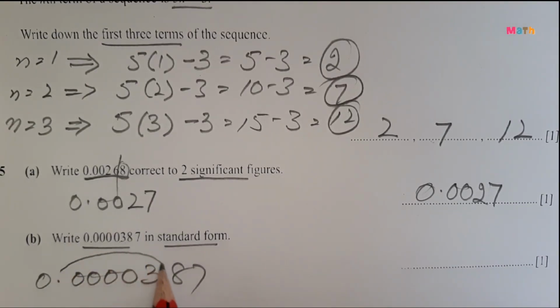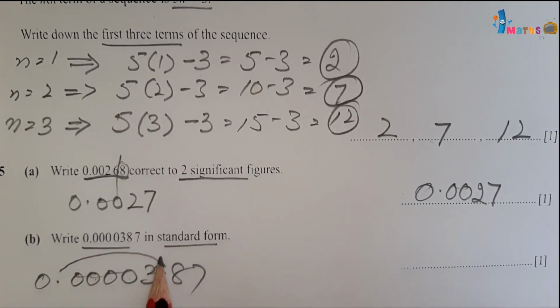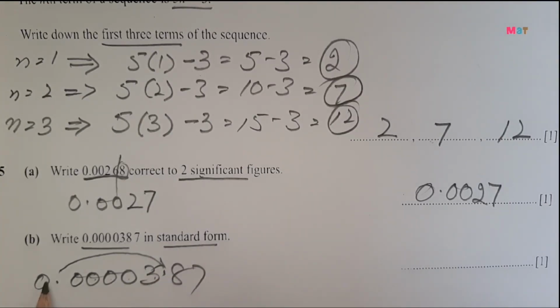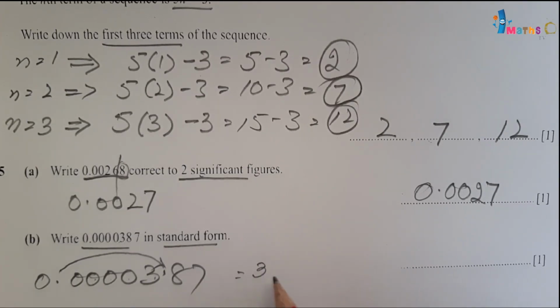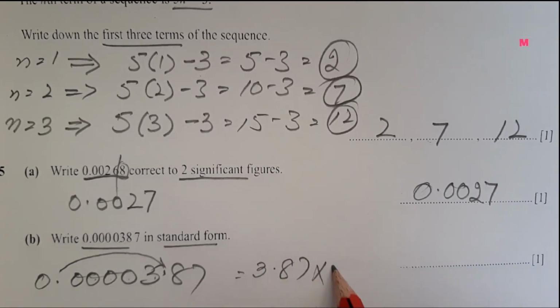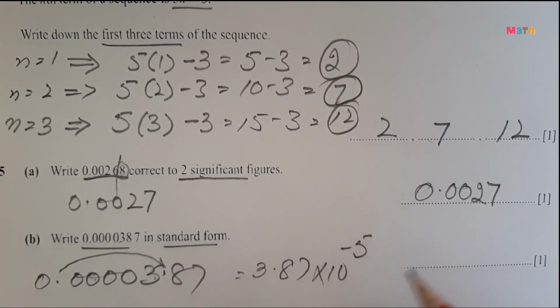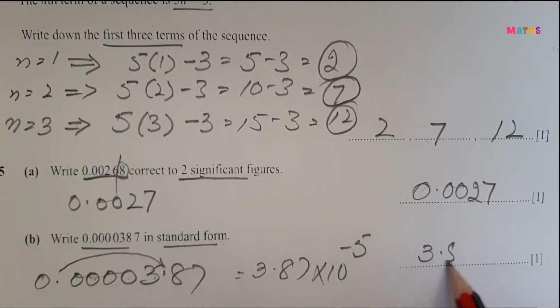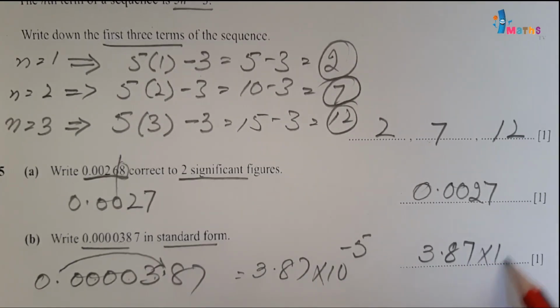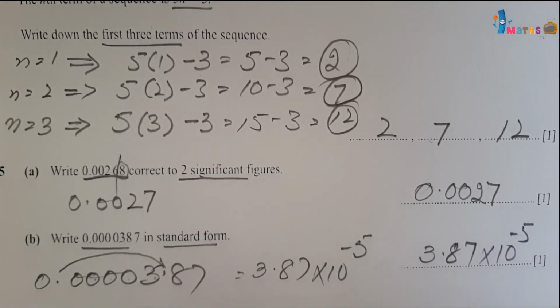So we'll have to take jumps 1, 2, 3, 4, 5 numbers and shift the decimal to this location. So we'll be jumping to the right. Jumping to the right results in 10 raised to a negative power. So 3.87 into 10 raised to the power minus 5, because we are taking 5 jumps to the right. So the answer will be 3.87 into 10 raised to the power minus 5.